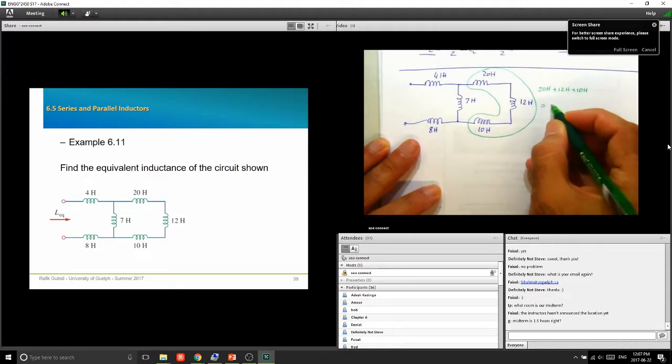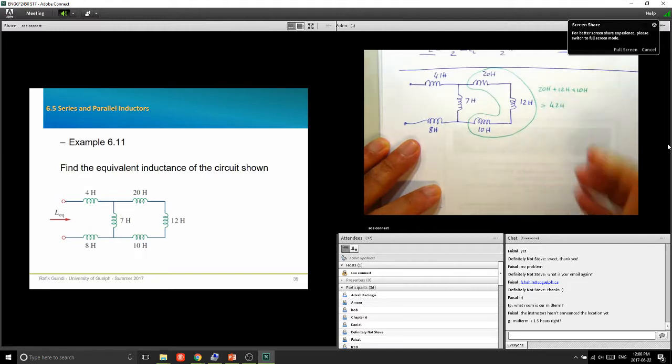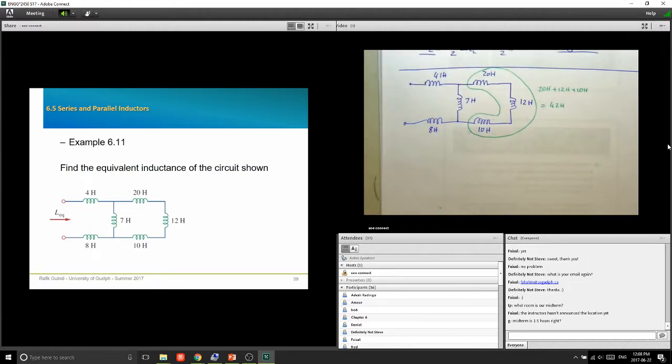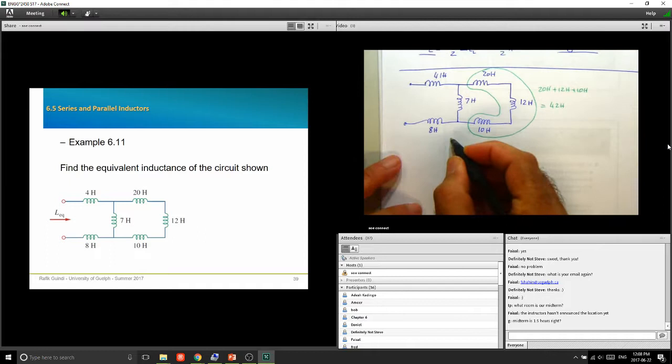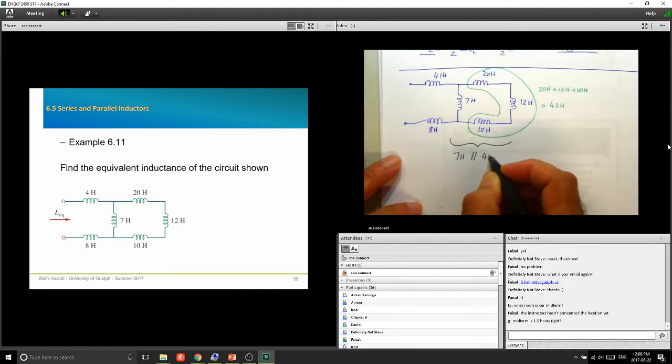So that's equivalent to 42 Henry. Now what do we have here? I have 7 Henry in parallel with 42 Henry.